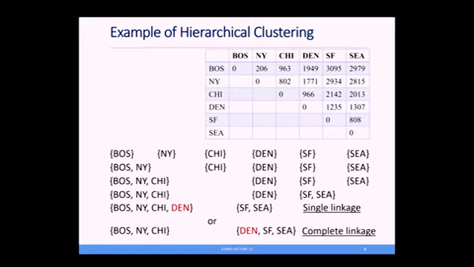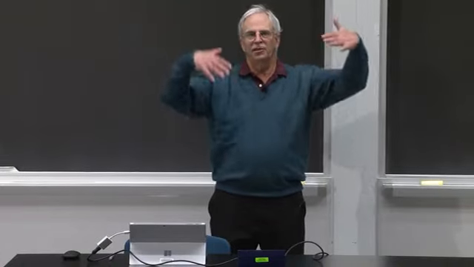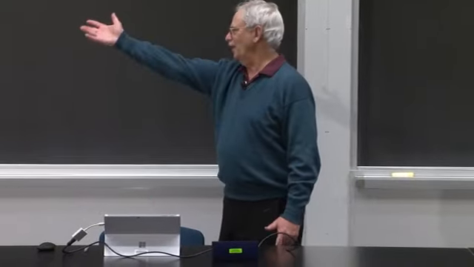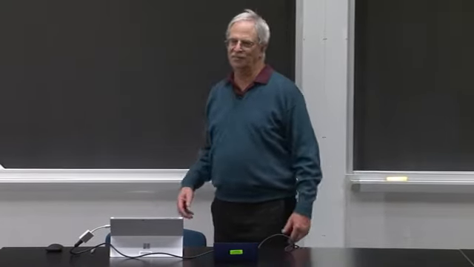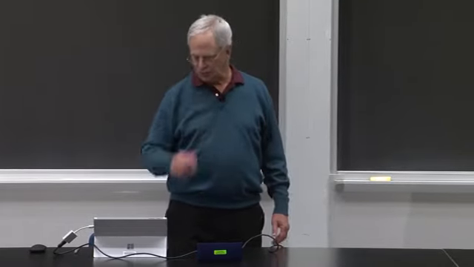But if I use complete linkage, it gets joined up with San Francisco and Seattle because it is further from Boston than it is from, I guess it's San Francisco or Seattle, whichever it is, right? So this is a place where you see what answer I get depends upon the linkage criterion. And then if I want, I can continue to the next step and just join them all. All right? That's hierarchical clustering.